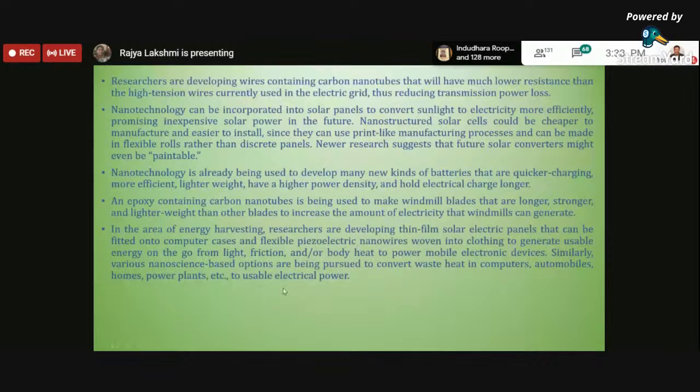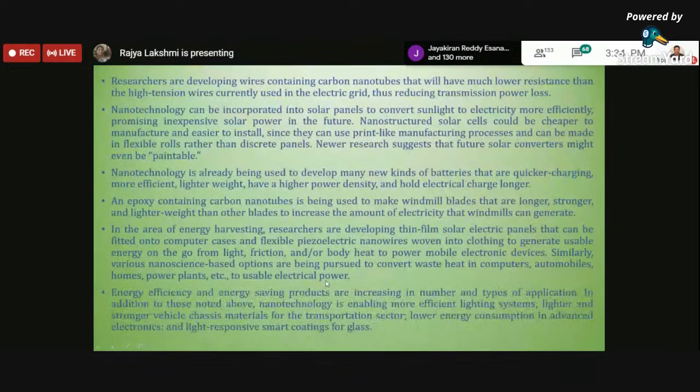Similarly, various nanoscience based options are being pursued to convert waste heat from computers, automobiles, homes, power plants, etc. into usable electrical power. So whatever heat is getting wasted through various sources in various forms, people are trying to convert into useful electrical power.